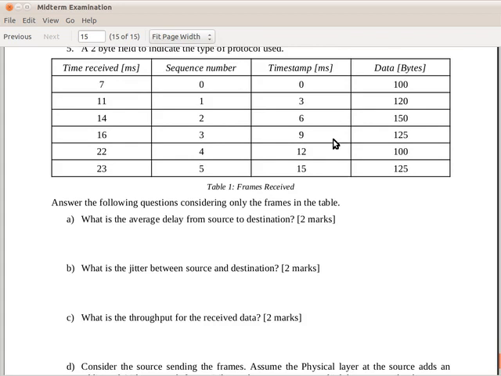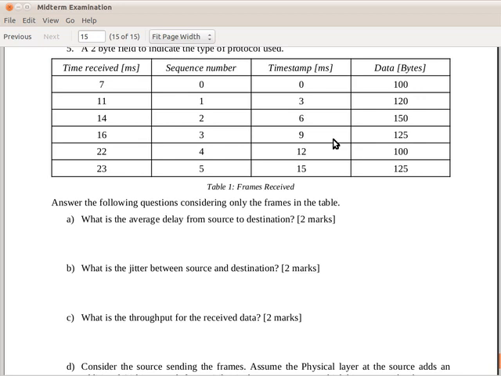Jitter we have not covered. Throughput is, remember, the rate at which we receive the real data. So how many bits or bytes per second are we receiving? One way to calculate it here is that we've transmitted a total amount of bytes over some period of time.